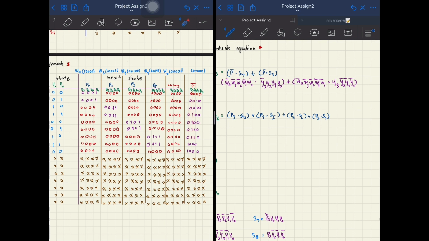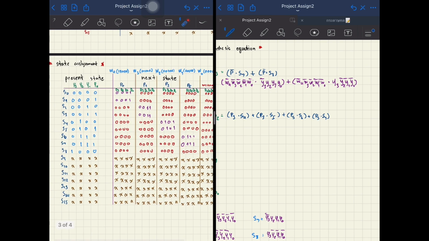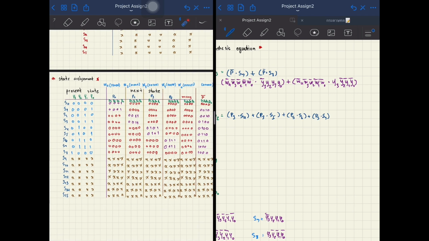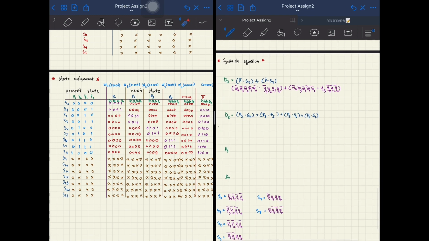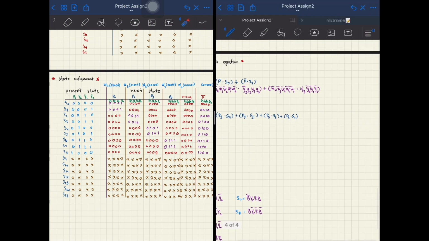Oh, 4 things. Not pressed, state 3 to state 6, right? So not pressed and with state 3, or with not pressed and state 4, and so on.